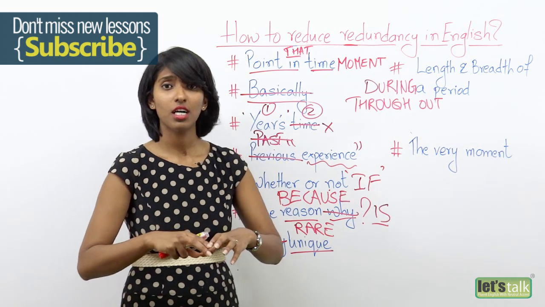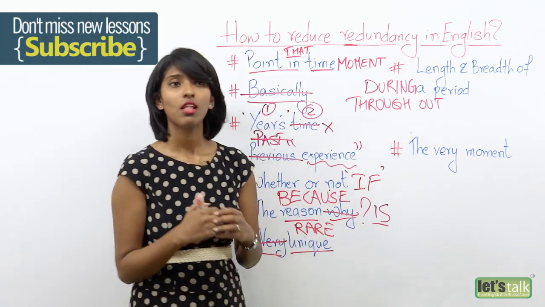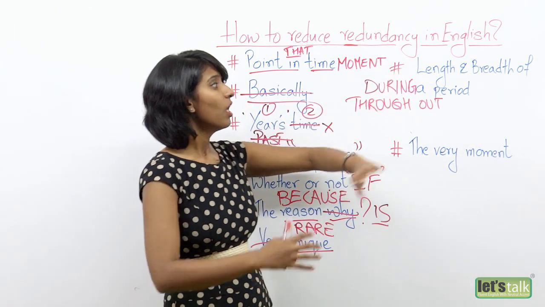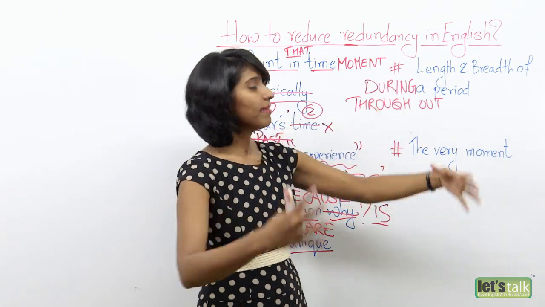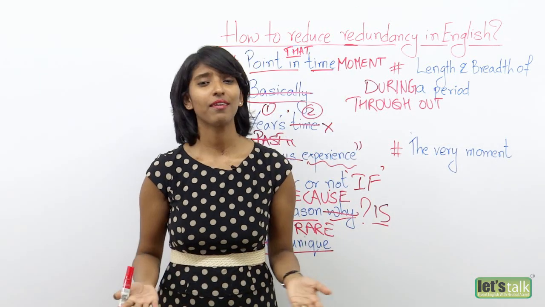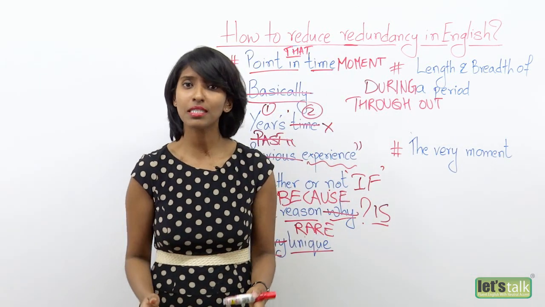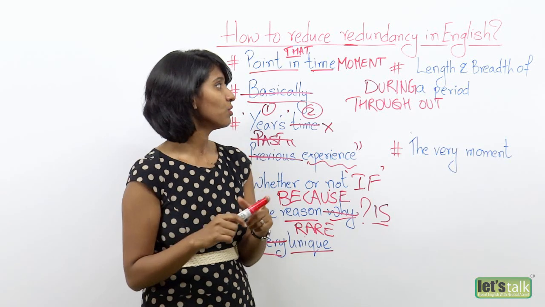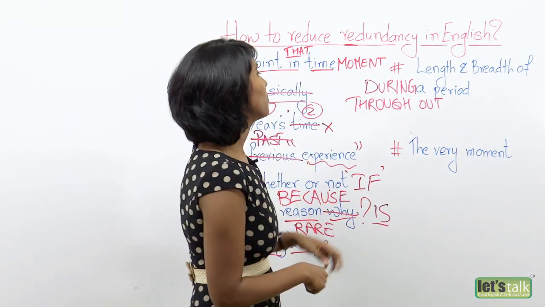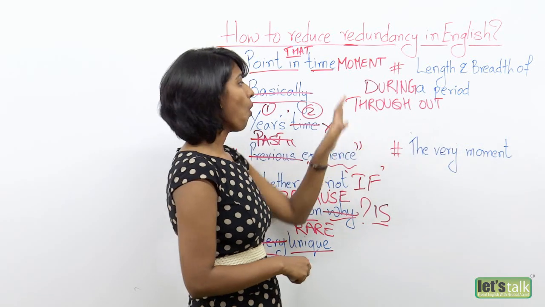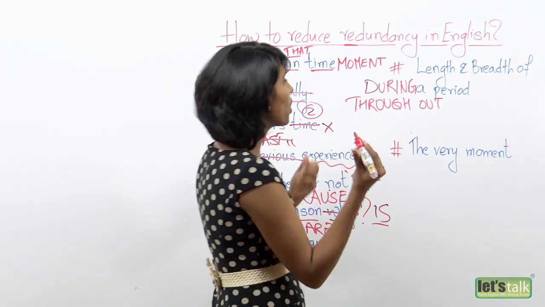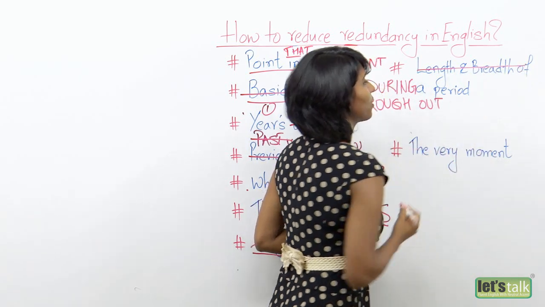Or during this year, the business did remarkably well. You don't have to say through the length and the breadth of this year, the business grew very well. Don't have to. Keep it short, keep it simple. You will be able to improve your language style and speaking skills. So it's during a period or throughout a period. Rather avoid length and breadth of period.